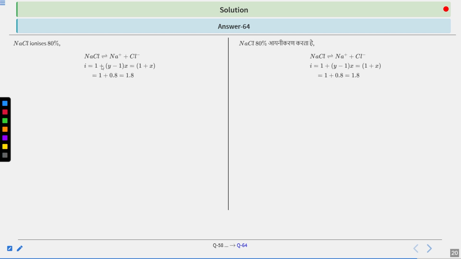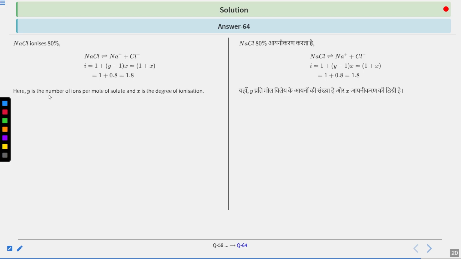So therefore, i is equal to 1 plus (y minus 1)x, that is 1 plus x. Now since x, which is the degree of dissociation, has a value of 0.8, that will give you i as 1.8. So why have we taken x as 0.8? Because 80% is the percentage ionization, whereas we are considering the fractional ionization.